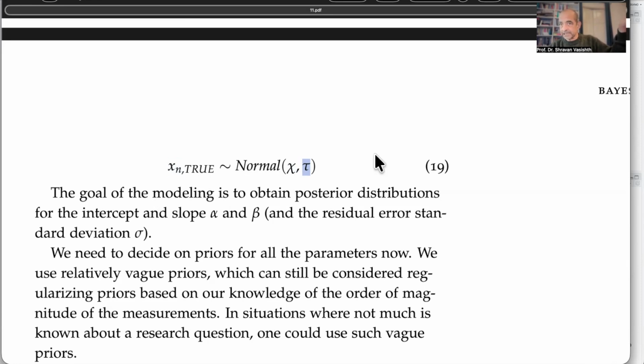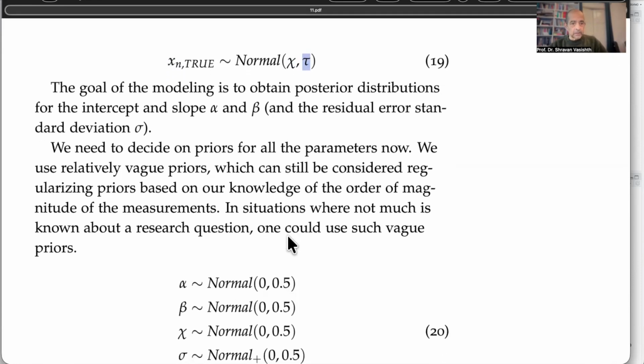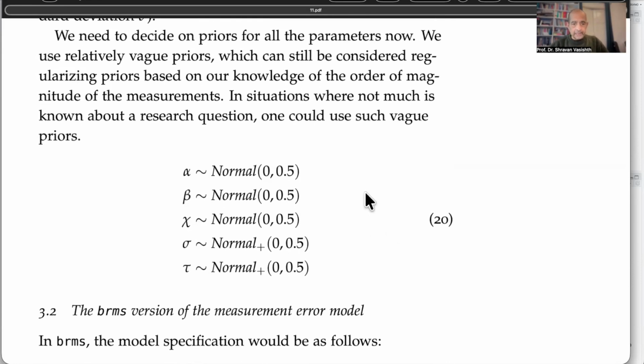Same setup as the zeta n's, okay? So we got the alpha and beta intercept and slope parameters, with priors on those. We're going to set up a prior on the chi parameter, which represents the grand mean PCU score, sorry, is what I meant to say.